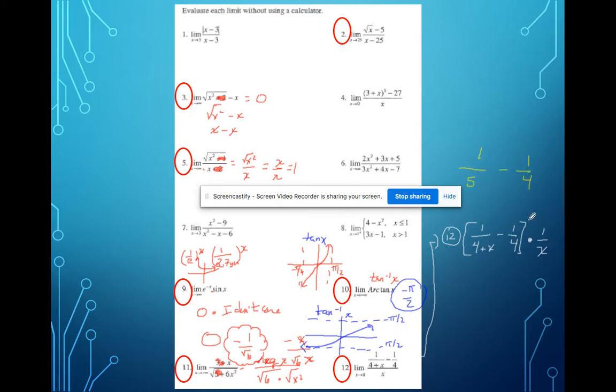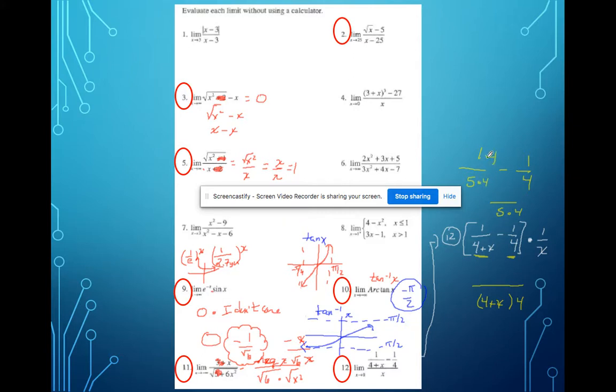The common denominator would be 5 times 4. So my common denominator is 4 plus x times 4. That's my common denominator.